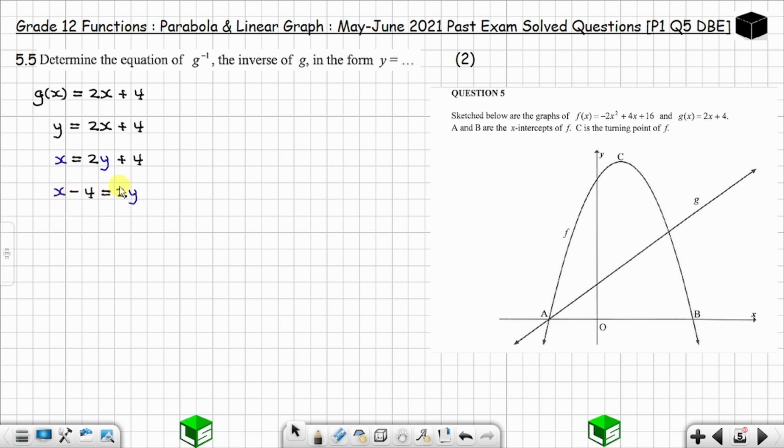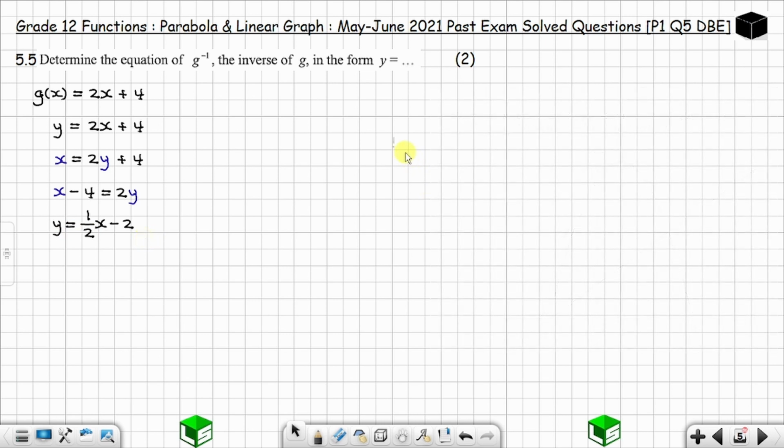Okay, so 2y divided by 2 gives you y, which is equal to 1 over 2 x, like this. Okay, and negative 4 divided by 2 becomes negative 2. So this is the answer for the inverse of g in the form y is equal to.